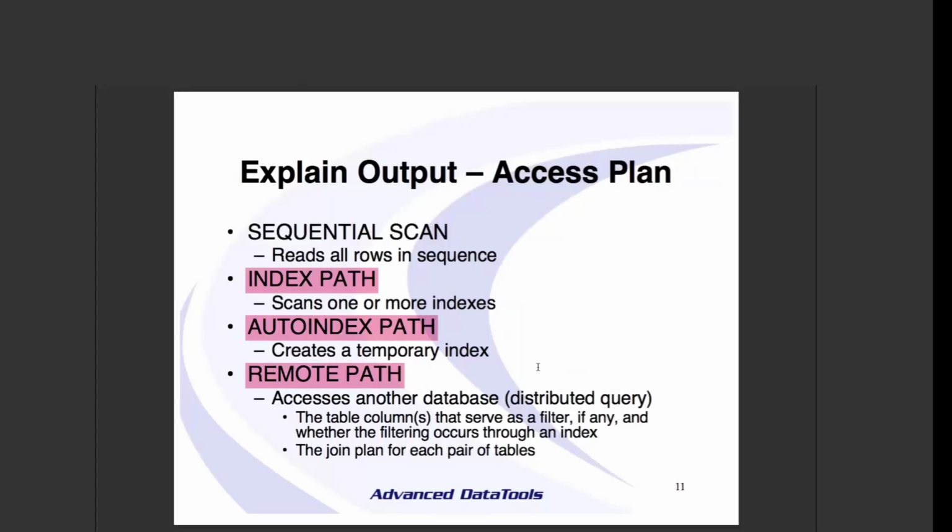This is very difficult, and the optimizer has no way of knowing how many rows are in that remote table. And so it may pick the wrong path here oftentimes. In fact, it doesn't pick the path. It sends the query, that part of the SQL, to the remote table. The remote server will then pick the path.